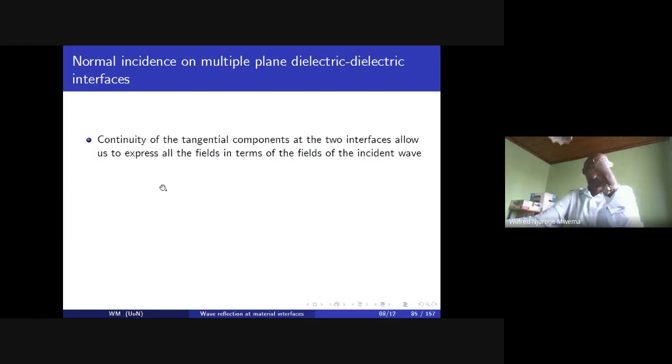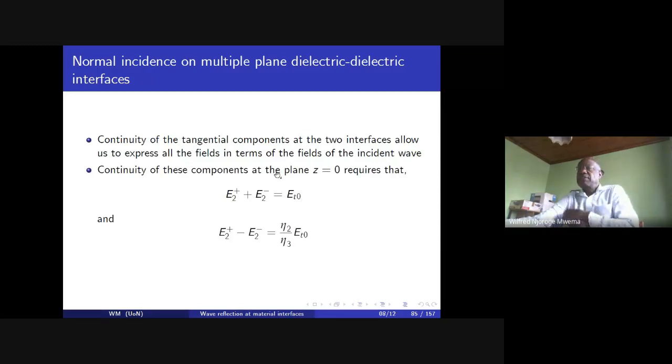So what we are going to do is to use the continuity or the boundary conditions required for the tangential field components at the two interfaces, okay? And this will allow us to express all the fields in terms of the fields of the incident wave.